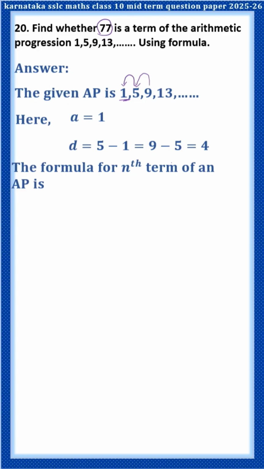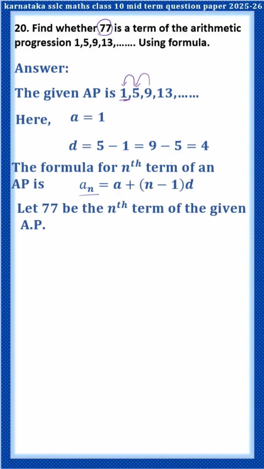So we have to use the formula for the nth term of an AP, which is An is equal to A plus n minus 1 into D. We have identified all the terms here. Let us use 77 as the nth term. Now let 77 be the nth term of the given AP.